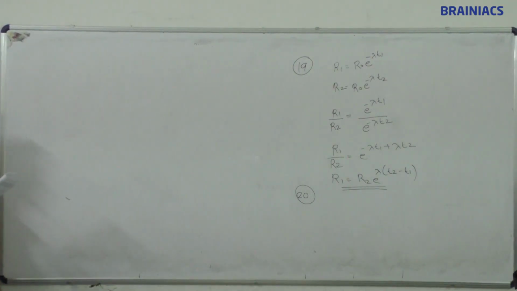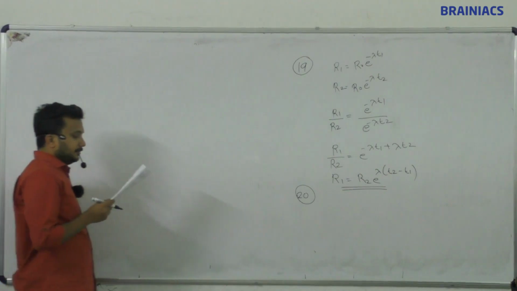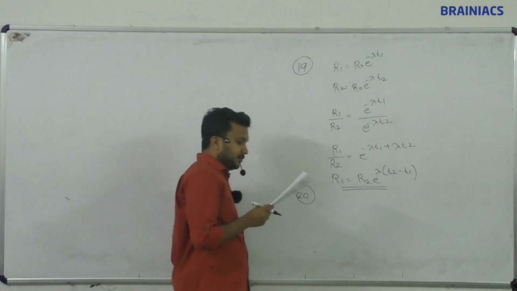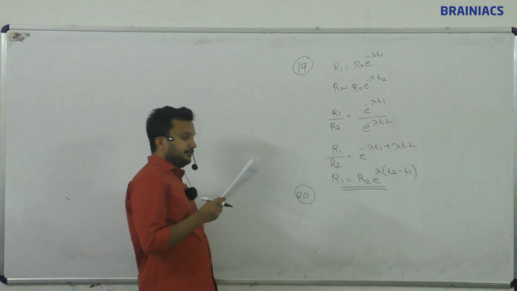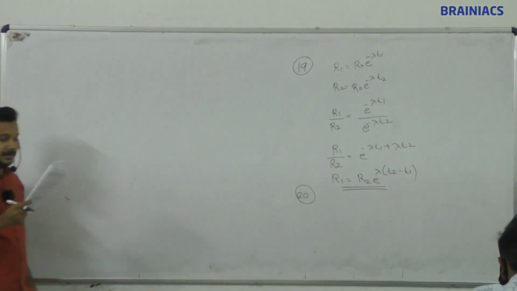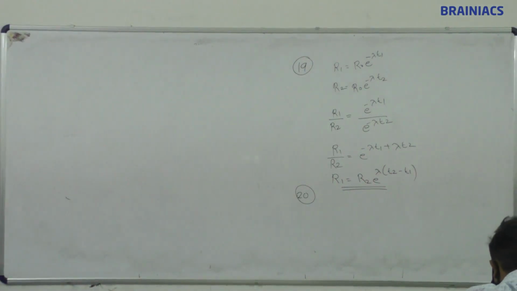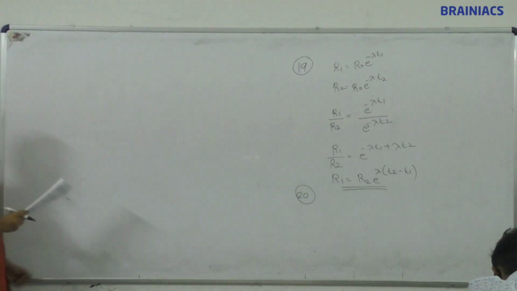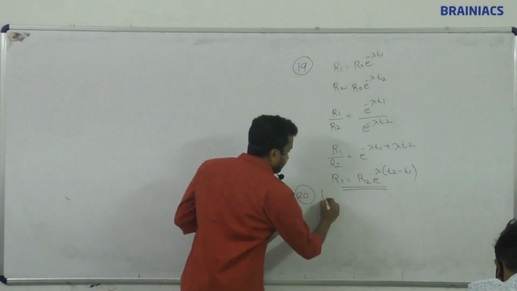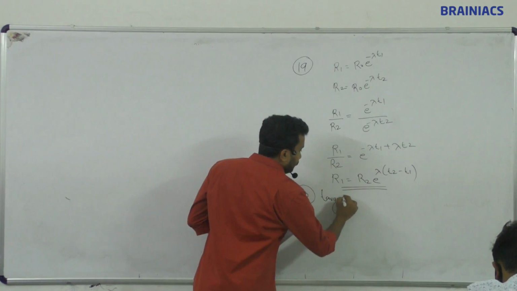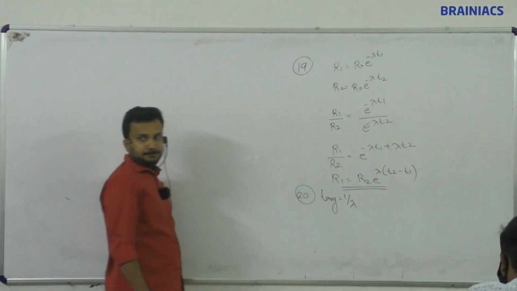20th question. Correct relationship between average life T average and the half-life of the radioactive nucleus. So what is average life? T average is equal to 1 by lambda.